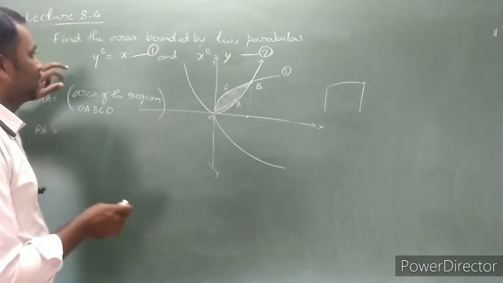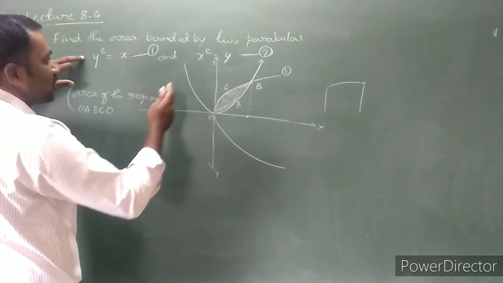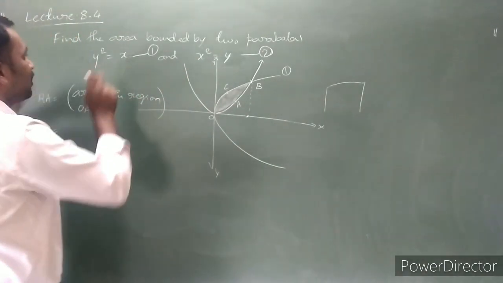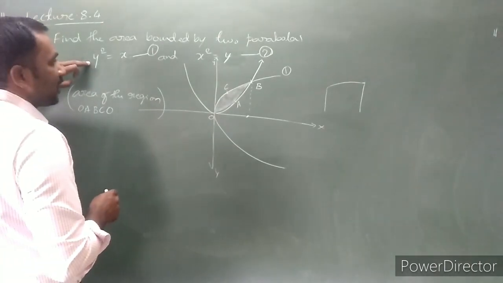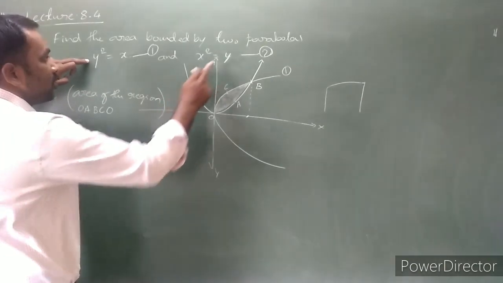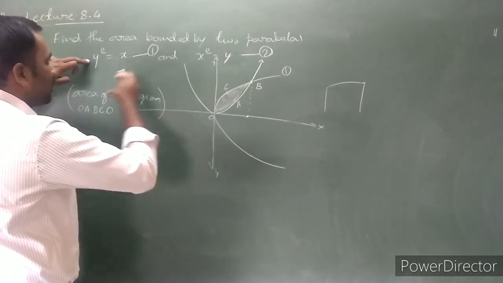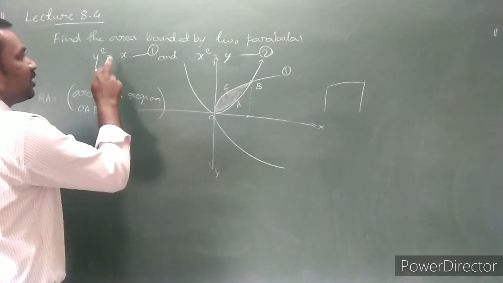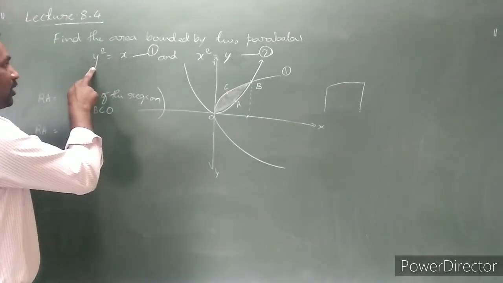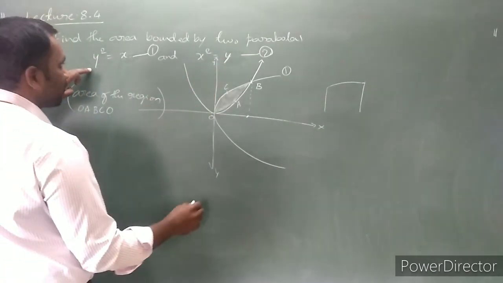How to solve these two curves? So how do you solve this one? x square is equal to y, and y square is equal to x. We can replace y or x, whichever. I just need the x value, so I replace the y value. What is the y value from equation number 2?